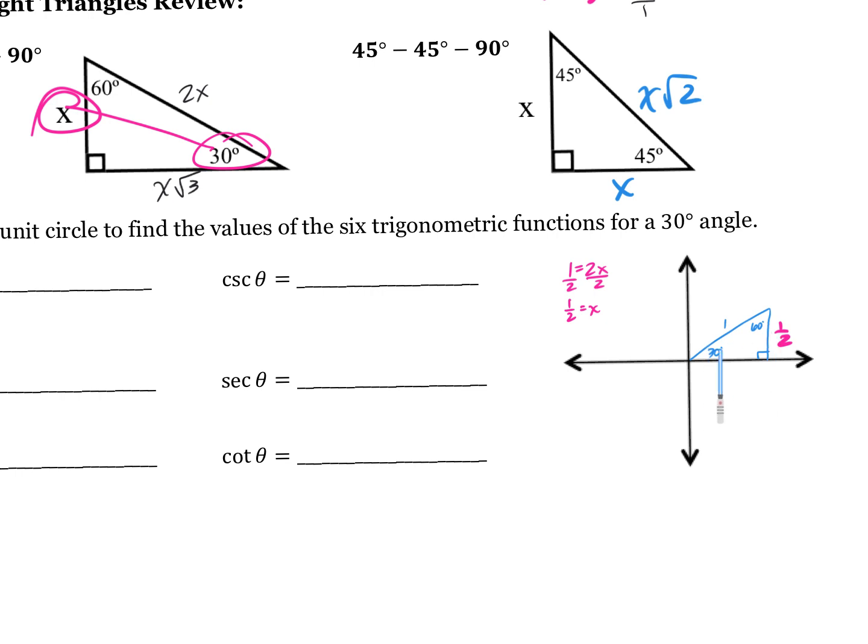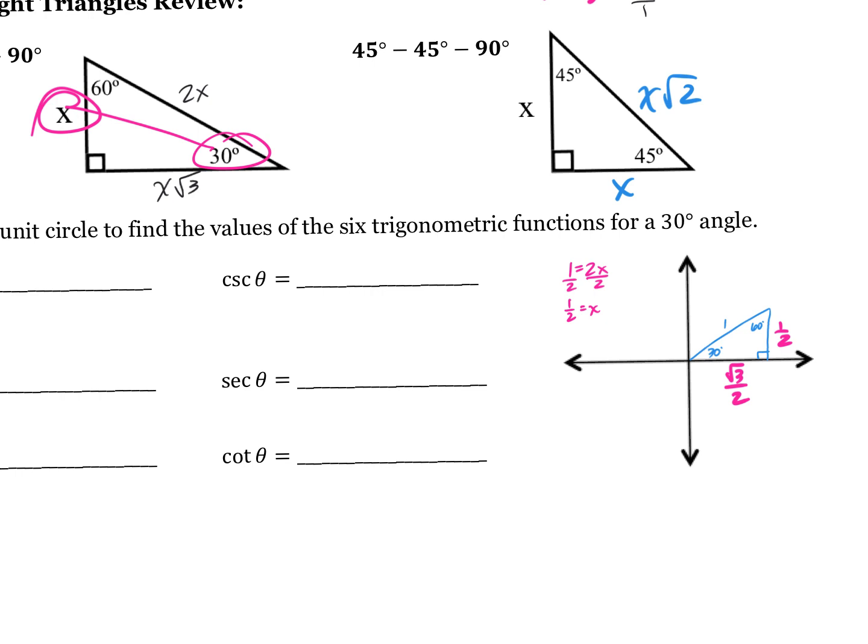If my x is 1/2, how would I get the side across from my 60? 1/2 times root 3. Could I say 1/2 times root 3 is the same as root 3 over 2? Yes. That's how it's going to be written instead of 0.5.